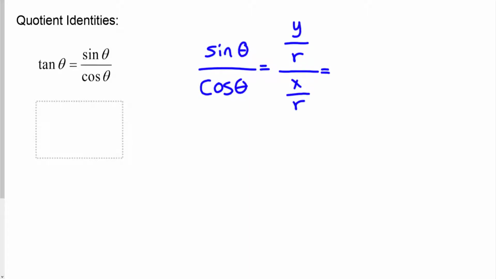This becomes a compound fraction, and we never divide fractions, we just multiply by the inverse. So I'm going to invert the denominator and multiply. The r's cancel out, and now I'm left with y over x. Y over x was our definition of tangent theta. So it is true, tangent theta is just sine divided by cosine.